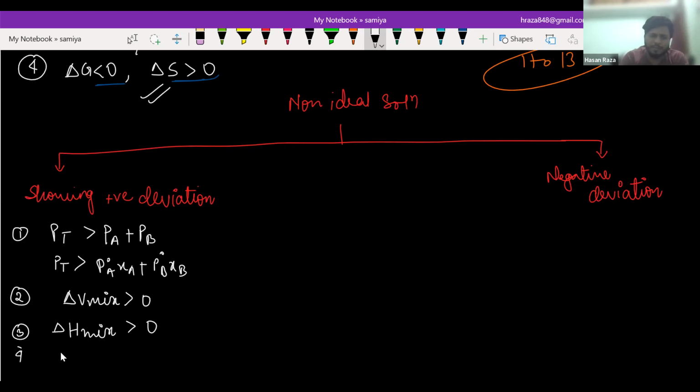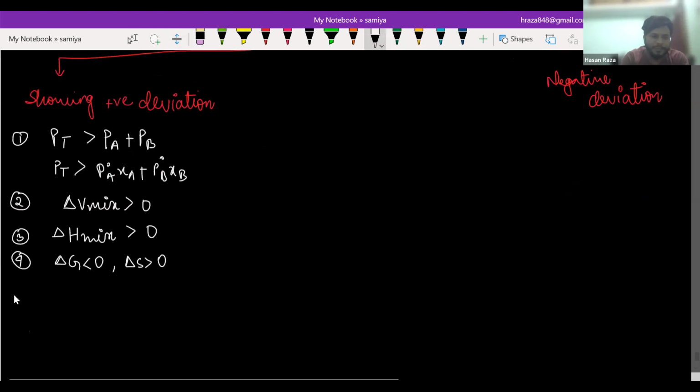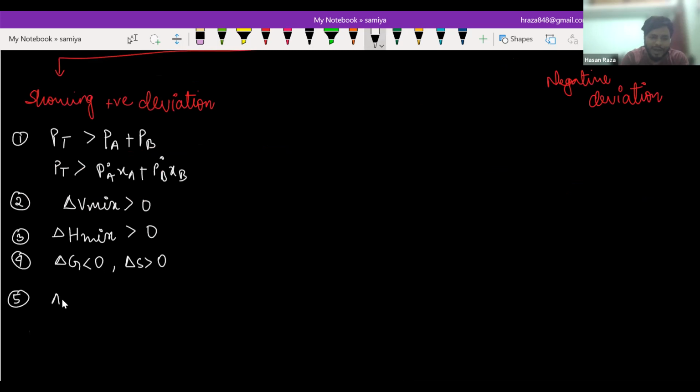The fourth one is the same, delta G less than 0 and delta S greater than 0. And the fifth condition, which is very important for the classification, is that the interaction between pure particles will be greater than the interaction between solution particles.